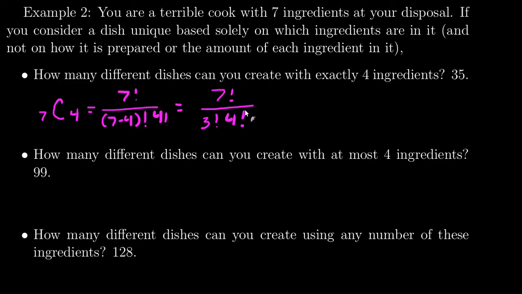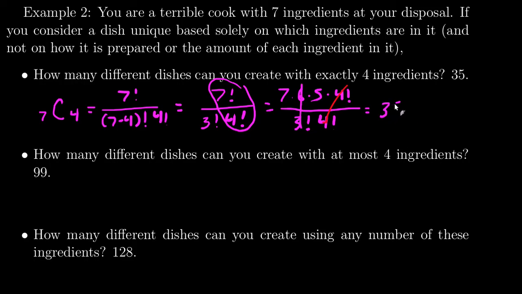In this case, this number is bigger, so I'm going to use that to cancel out as much as possible. 7 is 3 bigger than 4, so I'm going to have 7 times 6 times 5. I have 4 factorial left over, which you do not need to write, because it's just going to cancel out with the 4 factorial at the bottom. And then 3 factorial is 6. The 6's are going to cancel. 7 times 5 is 35.